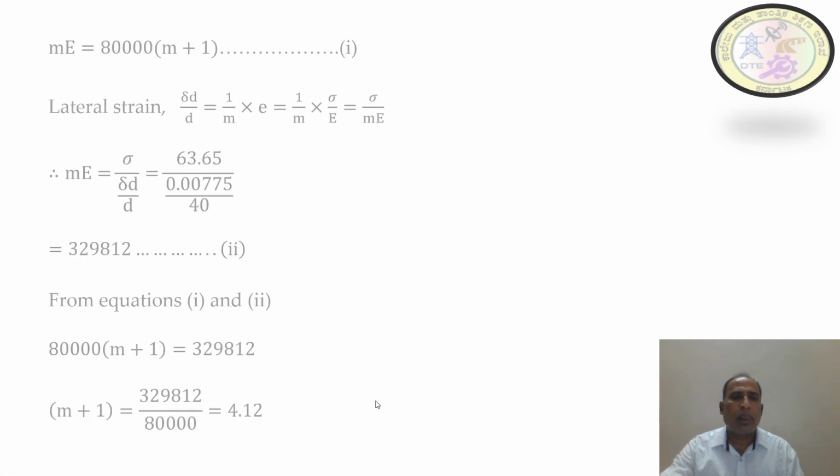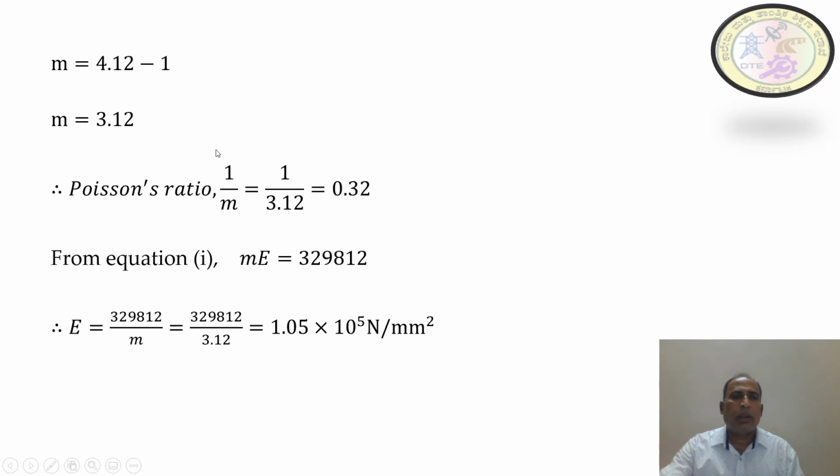So m is equal to 4.12 minus 1, that is m equal to 3.12. Poisson's ratio is written in the form of 1 by m, so that is 1 by 3.12. The value of Poisson's ratio will be 0.32.